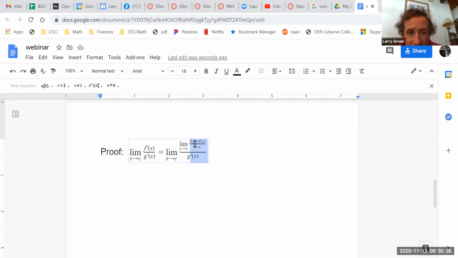Okay, then I could do the same thing for g prime. That's the limit as y goes to x of g of y minus g of x over y minus x. And one nice thing about this is we were dividing two fractions. It's the same limit as y goes to x, so you can think of it as a single limit. And when you divide two fractions, you can multiply by their reciprocals. You better all know that.